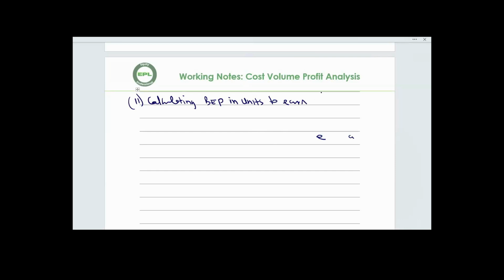To earn a profit of 2 million. So in this case, you want to earn a profit of 2 million.